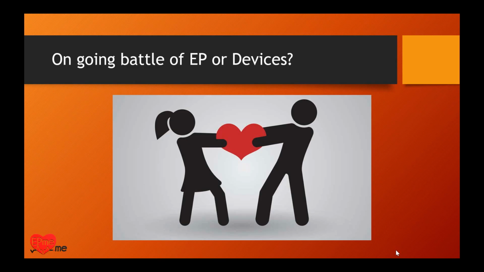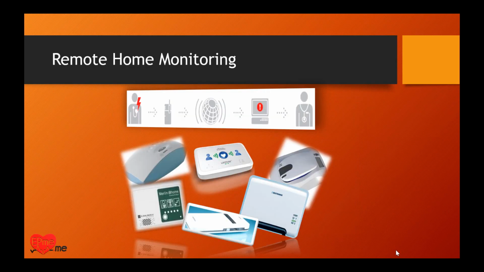Now, we have a solution that we discussed last week, remote home monitoring, that you can see in the graphic in the picture. Remote home monitoring allows us automatic remote care of the patients with implanted devices. So how does it work?